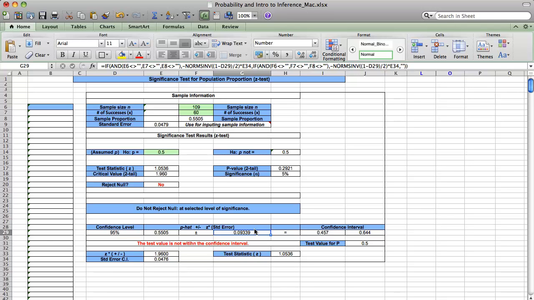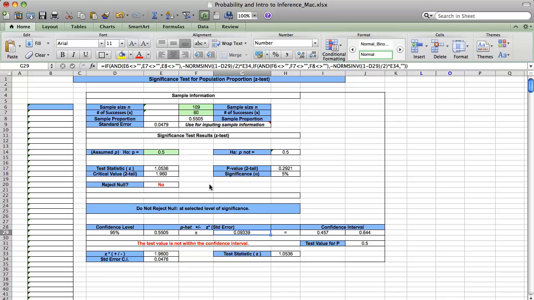Now we're going to target a margin of error of only 8%. In order to narrow our confidence interval, we need the sample size to increase. As sample size goes up, standard error goes down, and the resulting confidence interval will narrow. How much of an increase in n is needed to achieve that target margin of error of at most plus minus 8%?